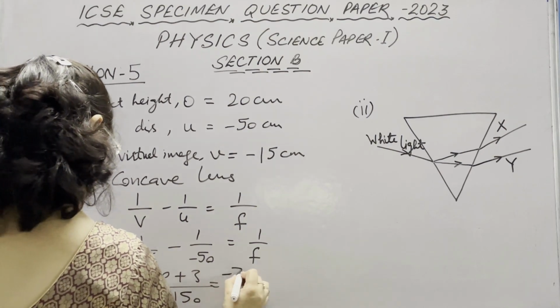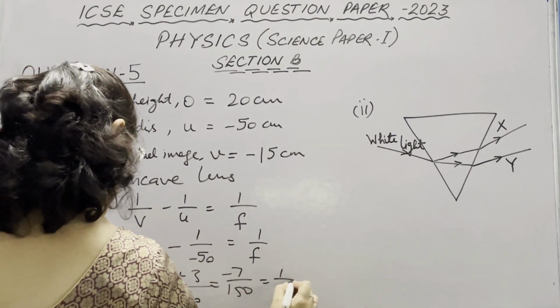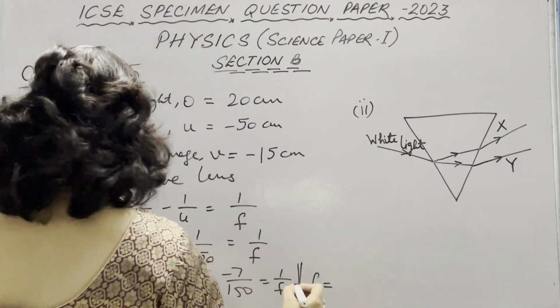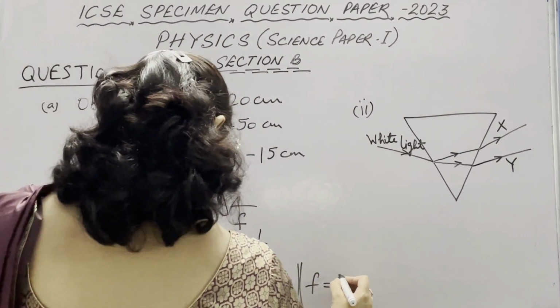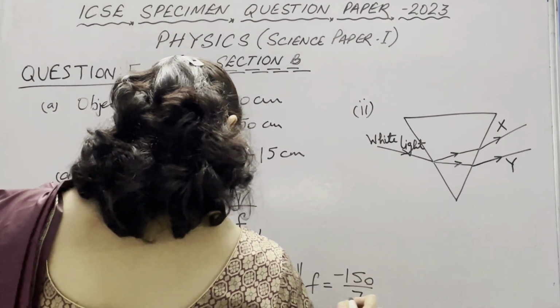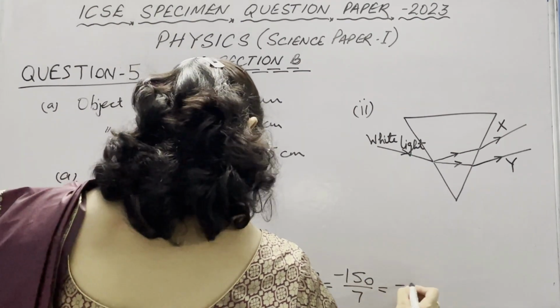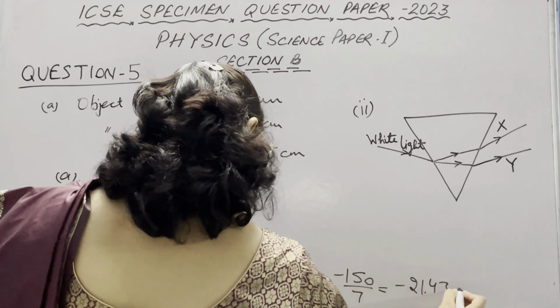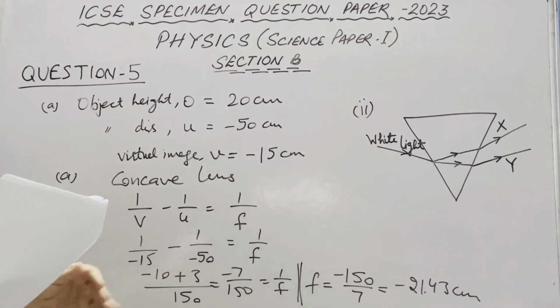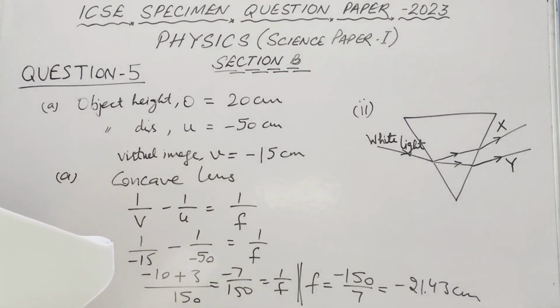It means minus 7 upon 150 is equal to 1 upon F, or we can write the focal length is equal to the reciprocal of this, minus 50 upon 7, which is equal to minus 21.43 centimeter. It means the image lies in between the optical center and focus. It means our answer is correct.